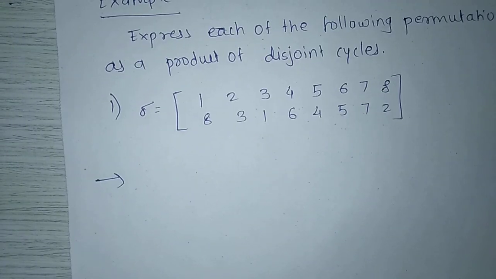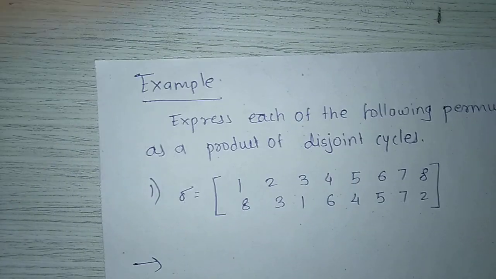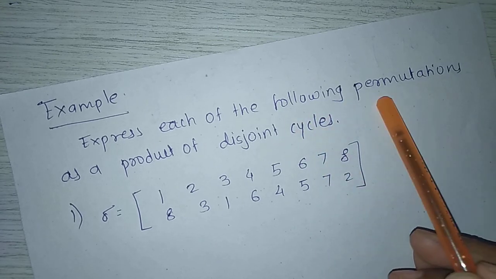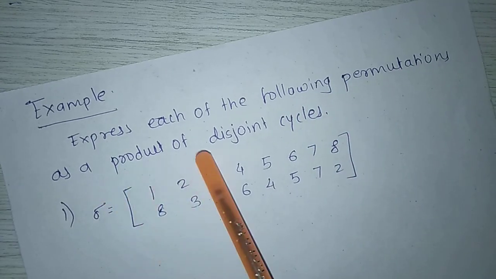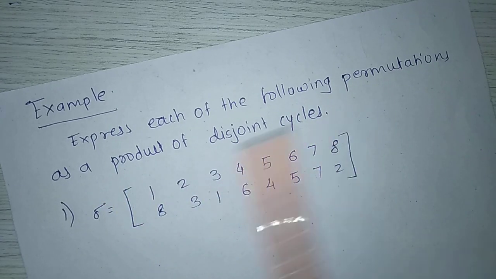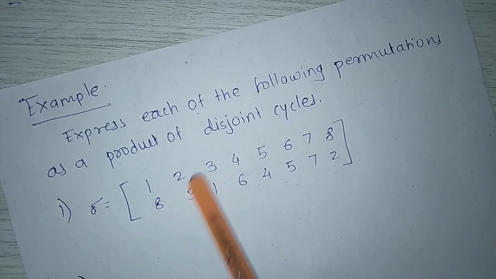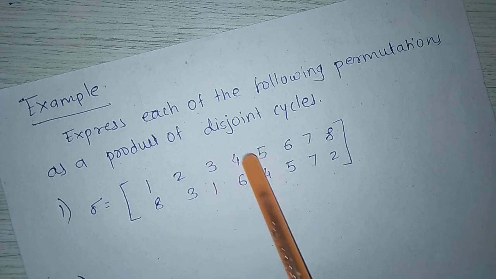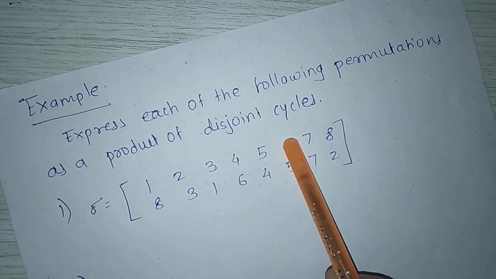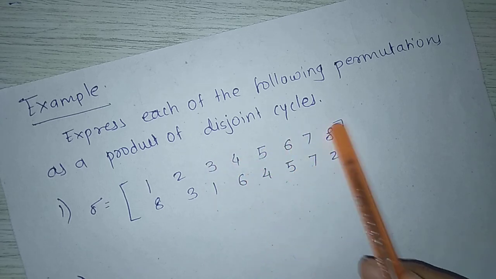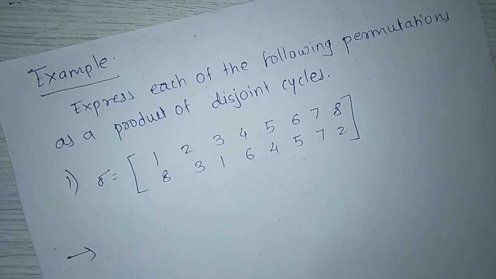Next example. Express each of the following permutations as a product of disjoint cycles. First, sigma equal to 1 goes to 8, 2 goes to 3, 3 goes to 1, 4 goes to 6, 5 goes to 4, 6 goes to 5, 7 goes to 7, 8 goes to 2.